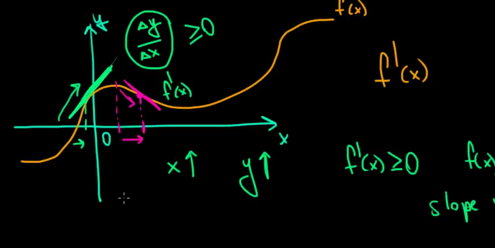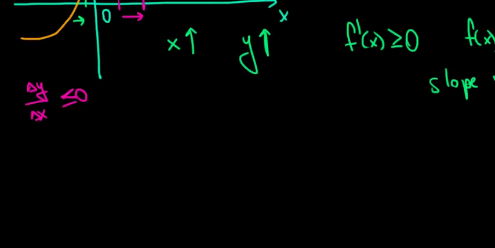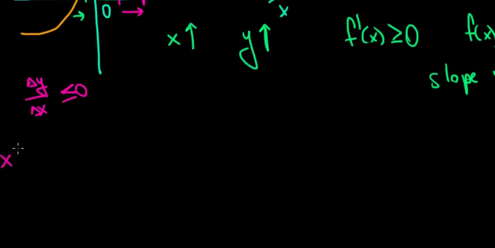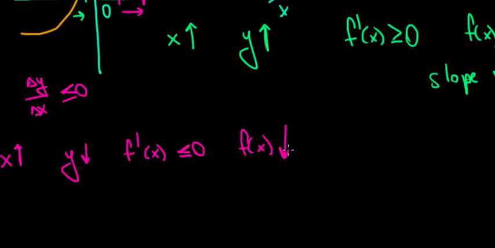So that means that the change in y relative to the change in x at that specific point is negative. As x goes up, y goes down, which means that the derivative, the slope, is negative, which means that the function is decreasing. And that makes sense because visually we can see that the slope is downwards.